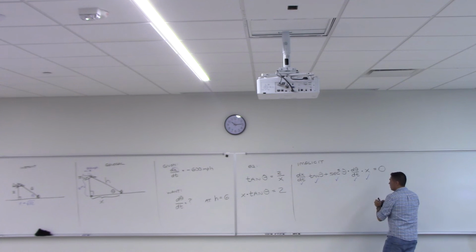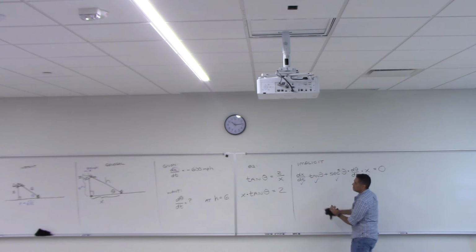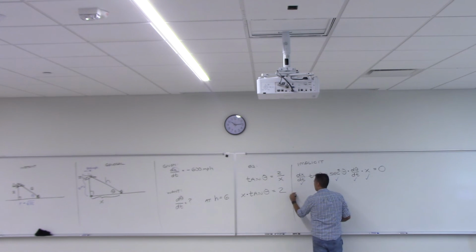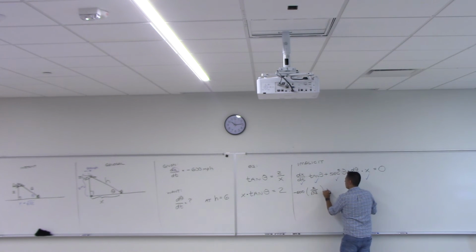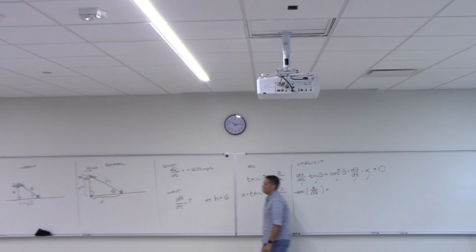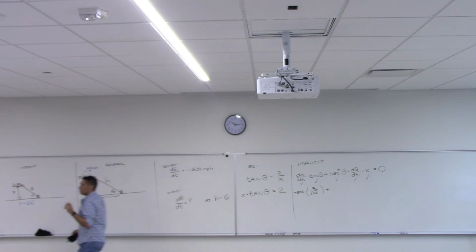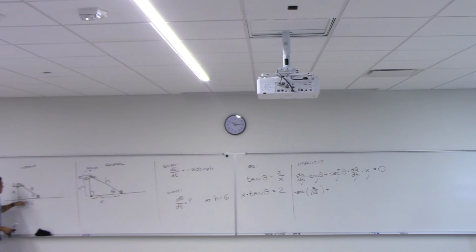All right, let's go ahead and do it. dx dt is negative 600 times tangent theta. Tangent theta was 2 over root 32, plus secant. Cosine is adjacent over hypotenuse.